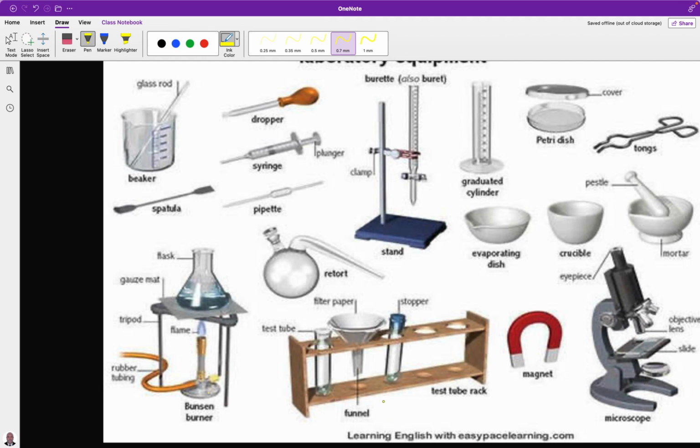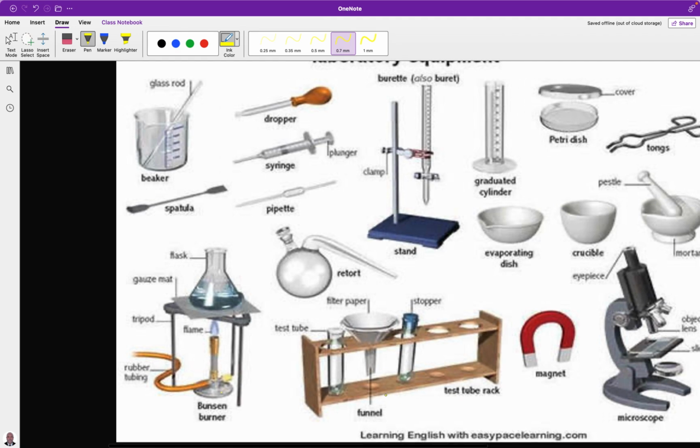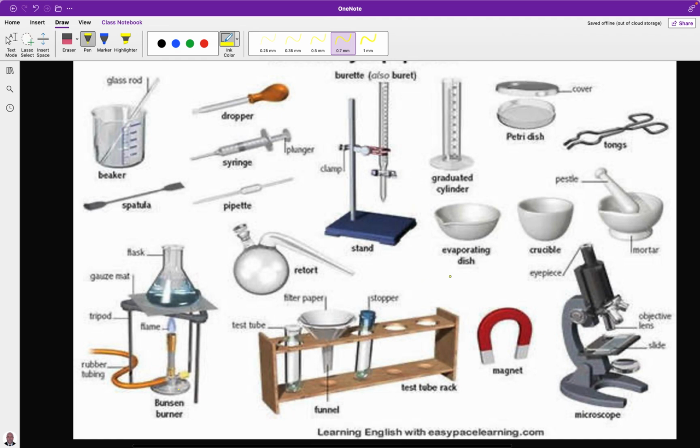We have a test tube rack. This is a test tube rack. We can stand test tubes there. We can stand open test tubes, and test tubes with stoppers. We can even stand funnels there. This is an evaporating dish. An evaporating dish is another equipment that is used to heat a solution.